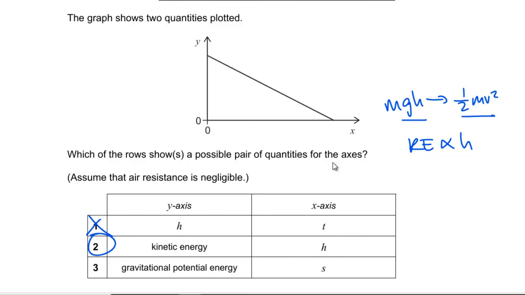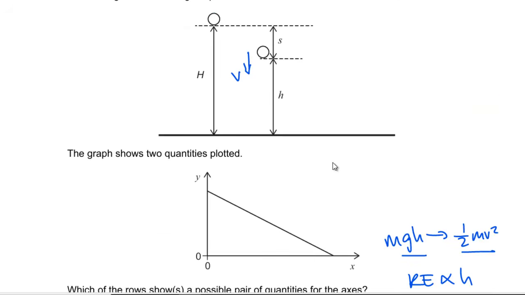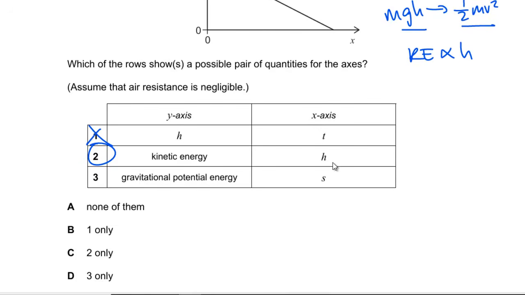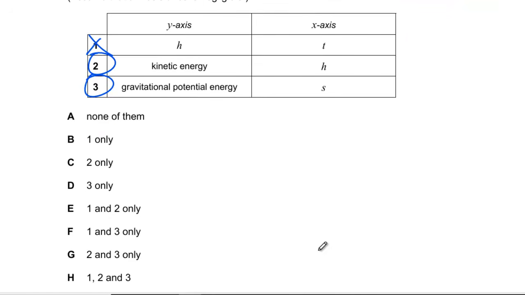And our GPE and s. I mean, s and h are essentially the same thing. You could just rewrite it, you could say that s is equal to H minus h. So they're the same thing. It doesn't matter which one we're using. Right, GPE, well, that'd be fine as well, because that is proportional to h or s, whichever way we're looking at it. So it's going to be 2 and 3, which is G.